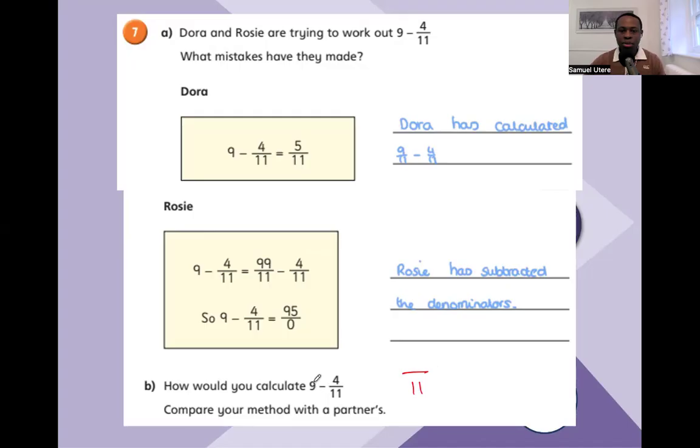And to find out the value of these 9 wholes, we simply do 11 times 9. So this is 99 over 11 minus 4/11. So that is what she did here. And then our answer will be 95 over 11. And of course, we can change this into a mixed number if we're required to do so.